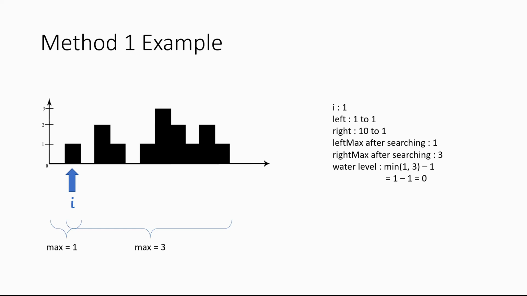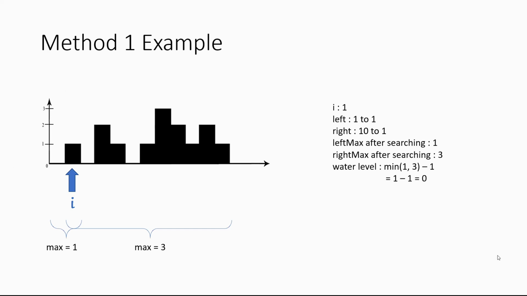After searching, we can find that the left max is 1, which is represented by this bar over here, and the right max is 3, which is represented by this bar over here. Now we can apply the formula, minimum of left max and right max minus the current height, which is minimum of 1 and 3 minus 1, which just gives 0. This we can see because if any water rains on top of this bar, it will just flow off to the side.